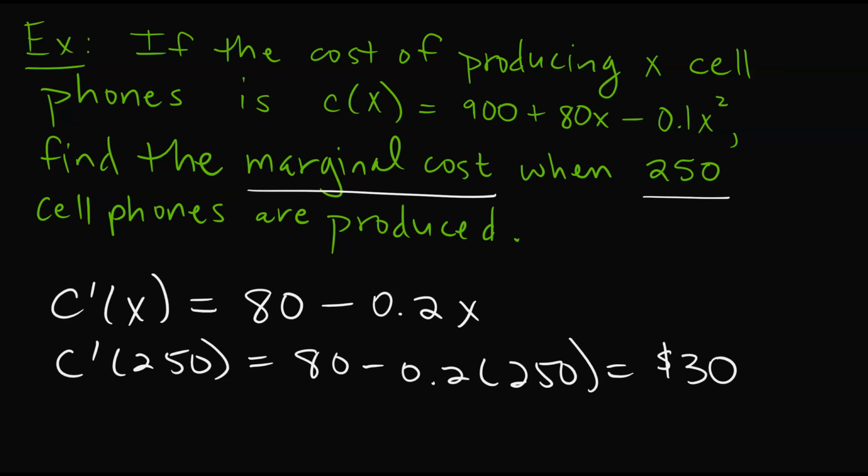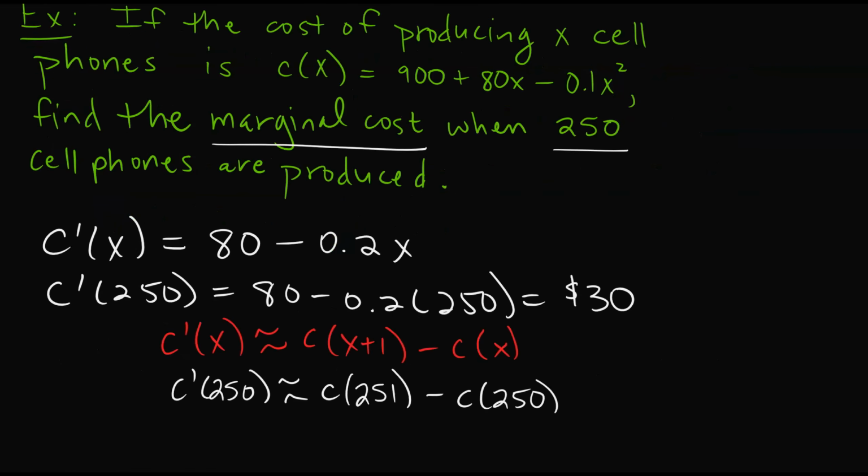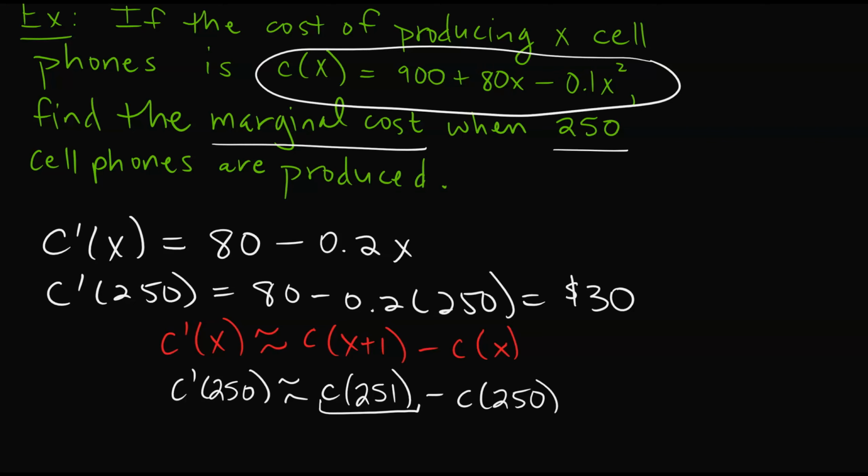And according to that approximation that we just looked at, this derivative should approximate the cost of the 251st item. Well, let's just check it. Okay, so there's our approximation in red, and just plugging in 250 for x. We just need to find the cost function evaluated at 251. There's our original cost function. And then our cost function evaluated at 250.